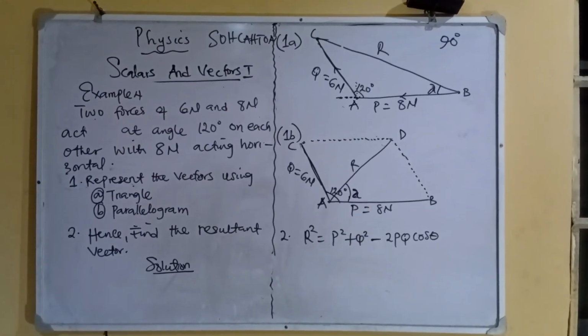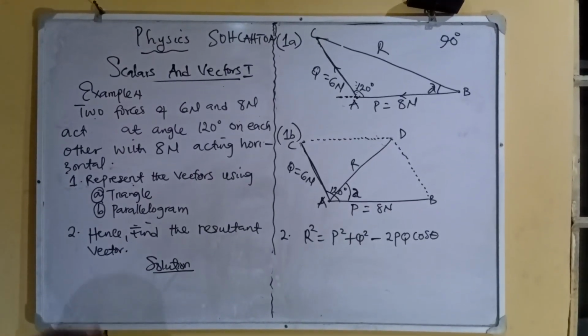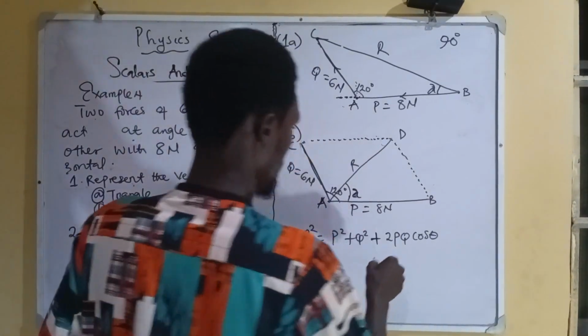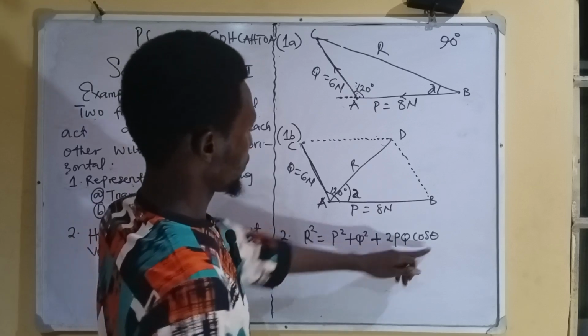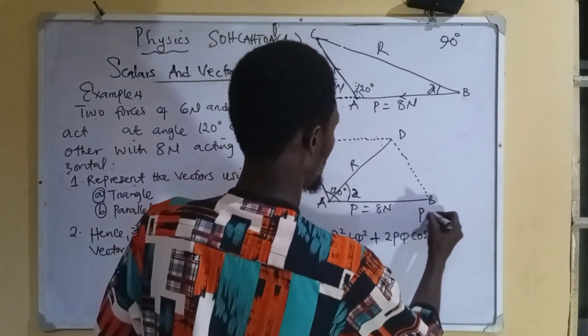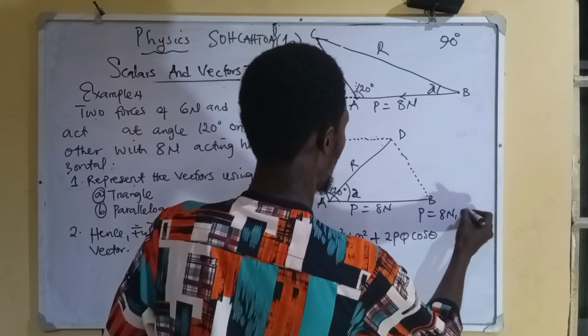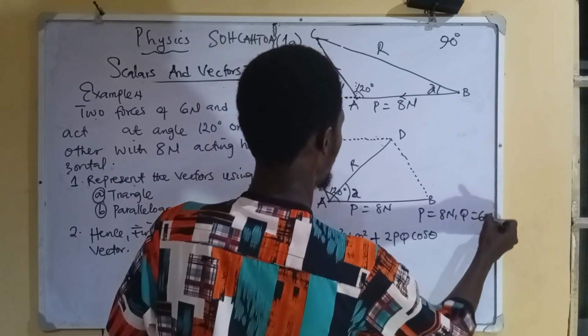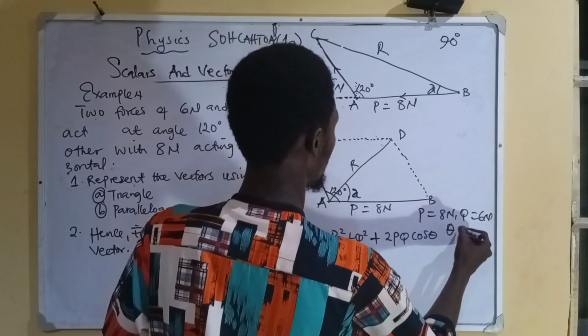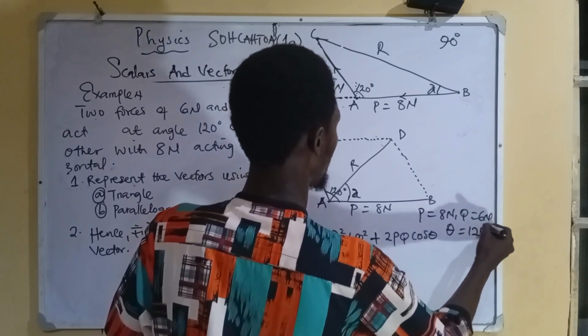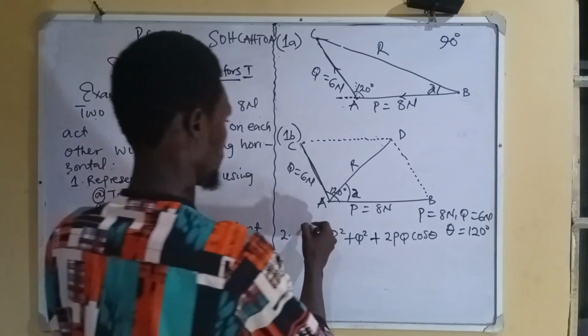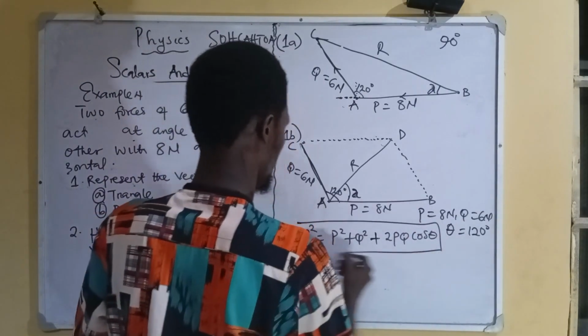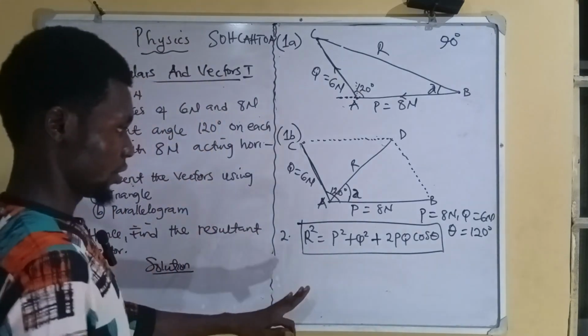So we have P equals 8 Newton, Q equals 6 Newton, and theta is 120 degrees. The formula we derived in physics is plus.